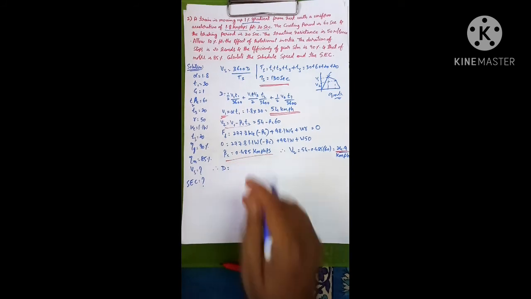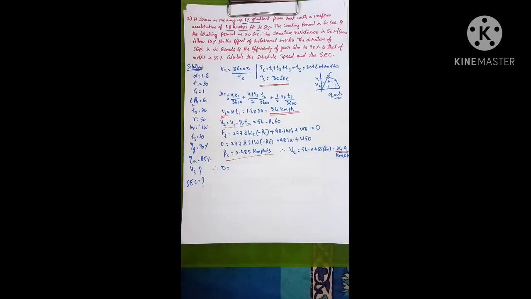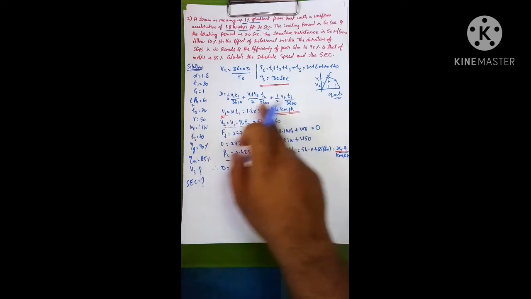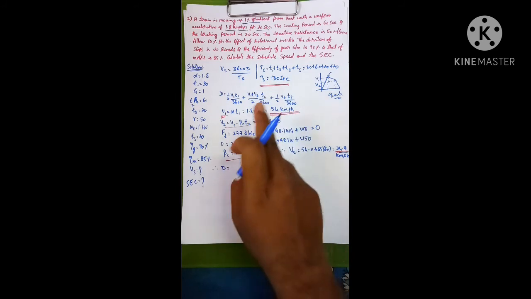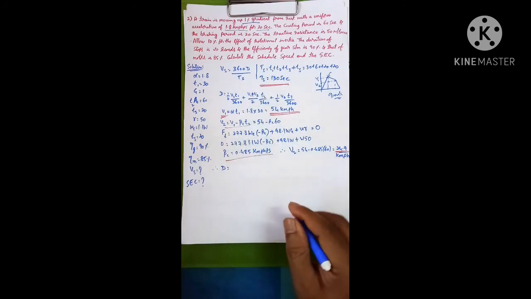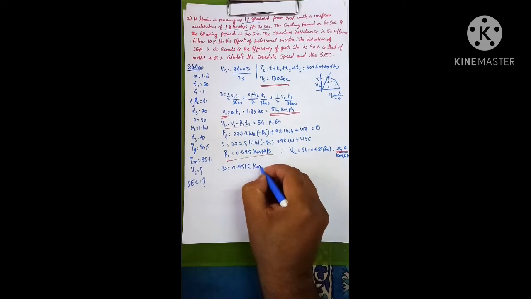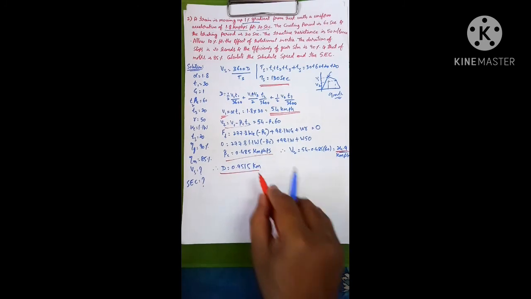Substitute it in D and get the answer. The total distance traveled can be given as follows. I will not substitute the values, you substitute V1, V2, T1, T2, T3, everything in here and get D. So D will be 0.9515 km. That will be the distance traveled by the train.